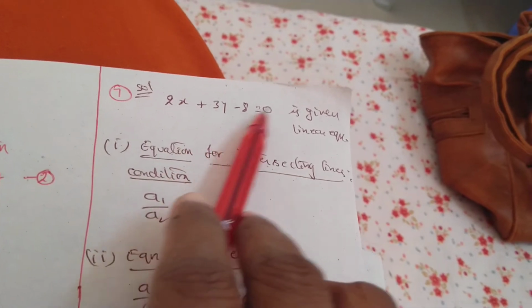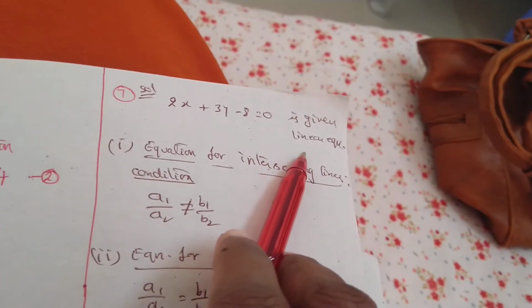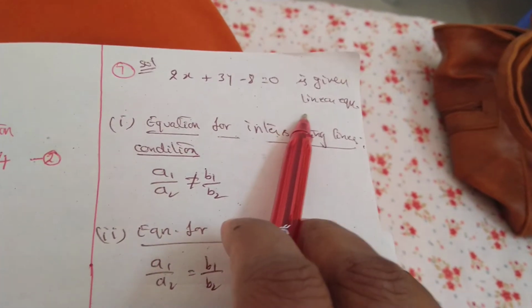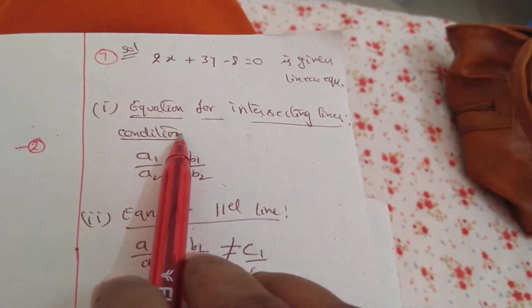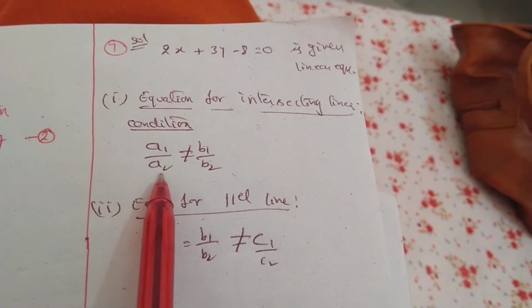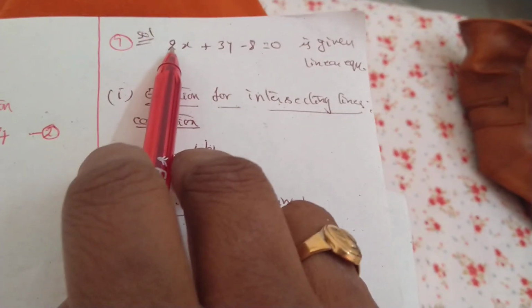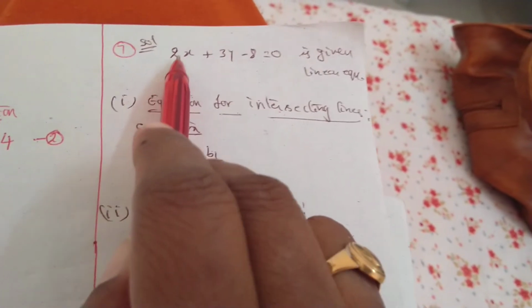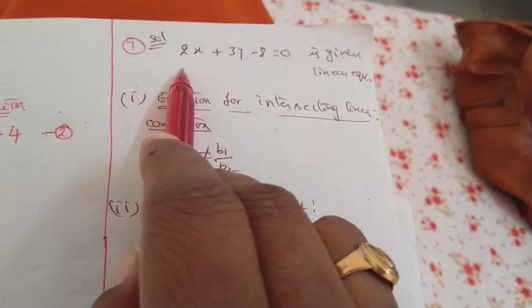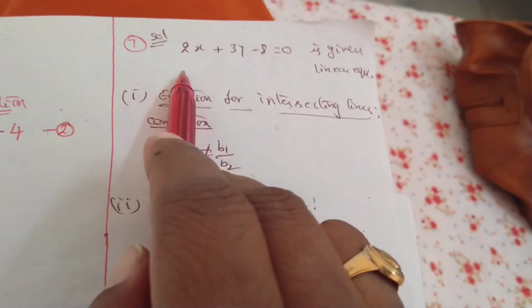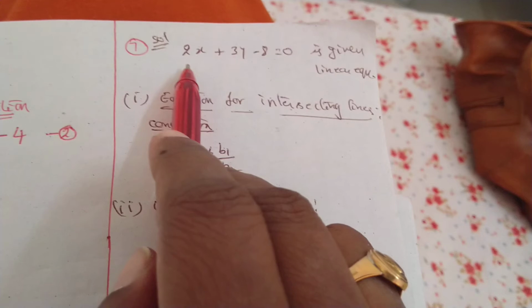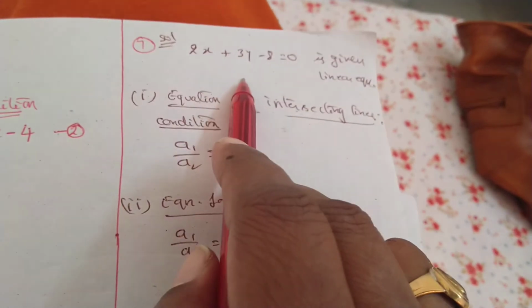2x plus 3y minus 8 is equal to 0 is the given linear equation. This is how you have to write. Now the equation for the intersecting line: the condition is A1 by A2 is not equal to B1 by B2. That means at any cost, if you are taking A2 to be a multiple of 2, suppose 4, then that should not be equal to B1 by B2.